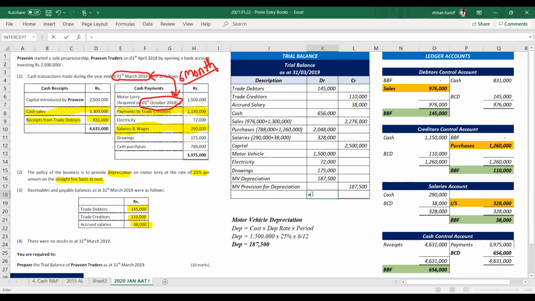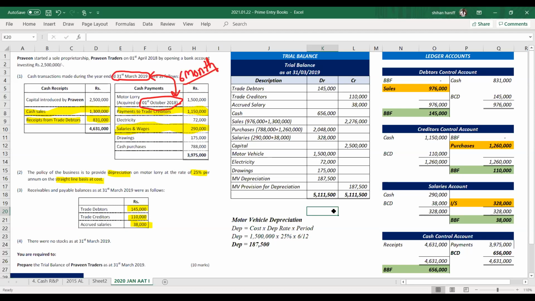That's it. Now we balance this. Total debit should be equal to total credit. Balancing for 5,111,500.